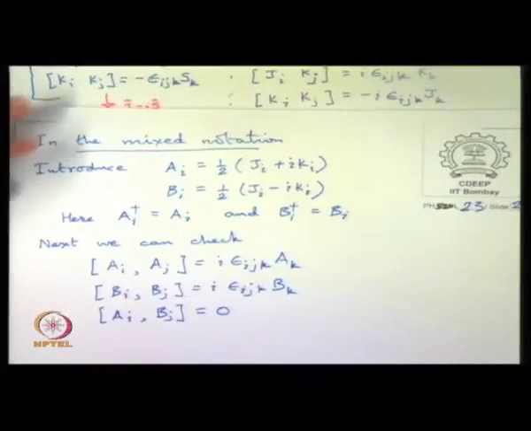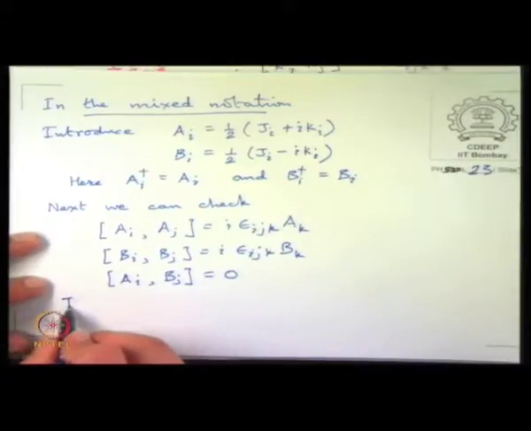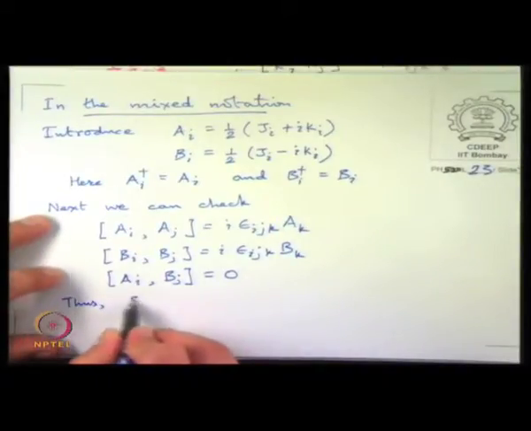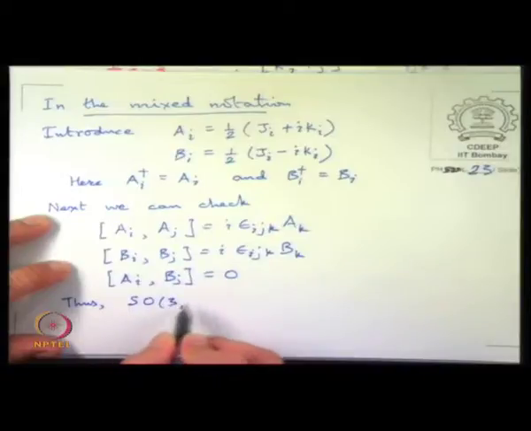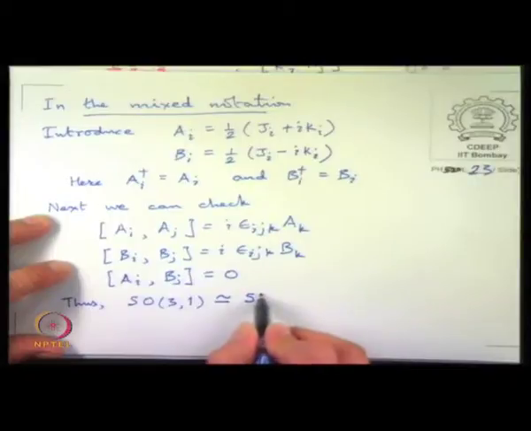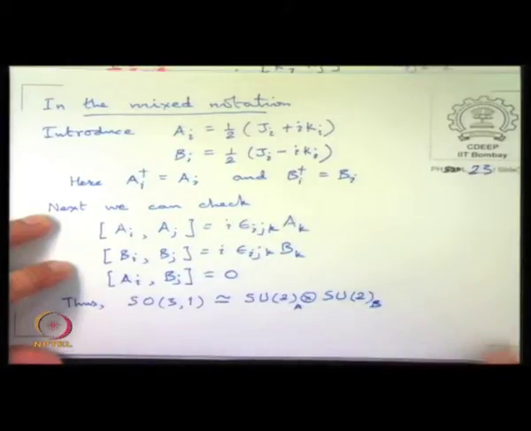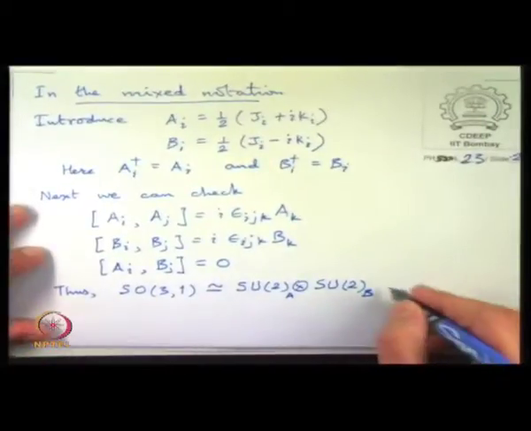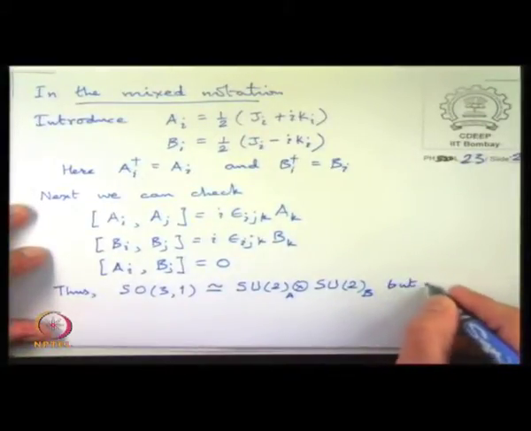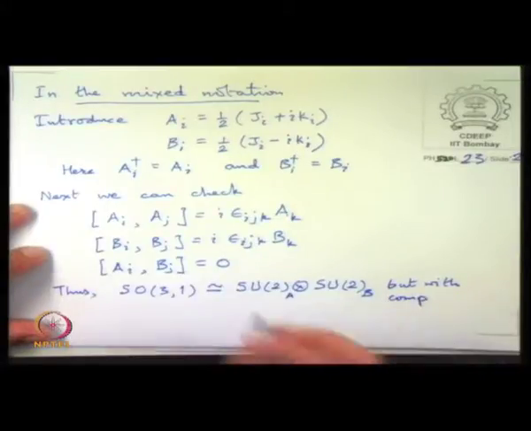So as a result, the SO(3,1) is equivalent to SU(2) cross SU(2) but with complexification. So as algebras, okay.